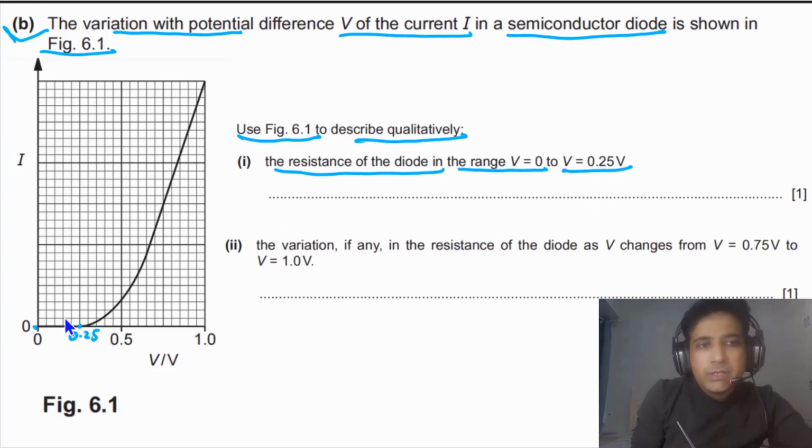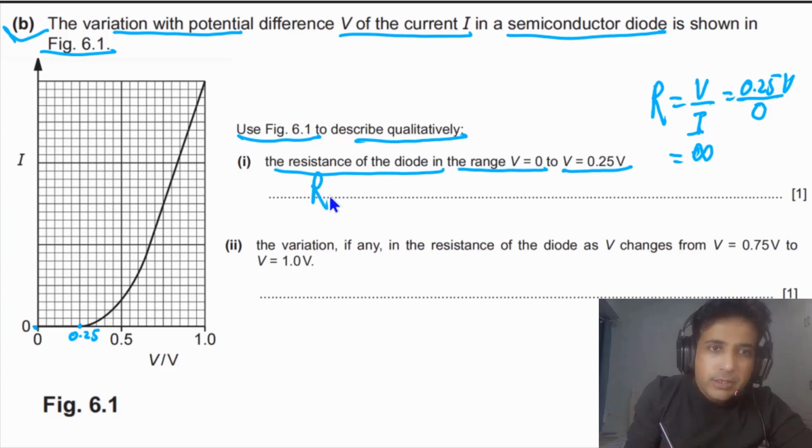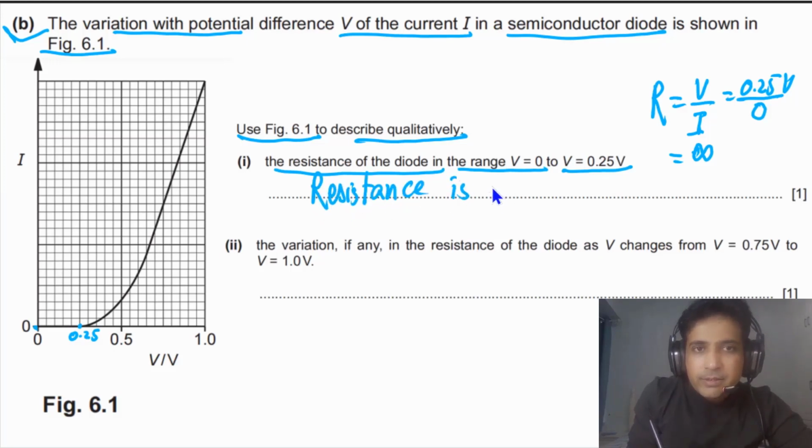In this case, current is equal to 0. So we can say resistance is equal to V divided by I. As the value of V is 0.25 volts and current is equal to 0, it means that resistance in this range is infinite.